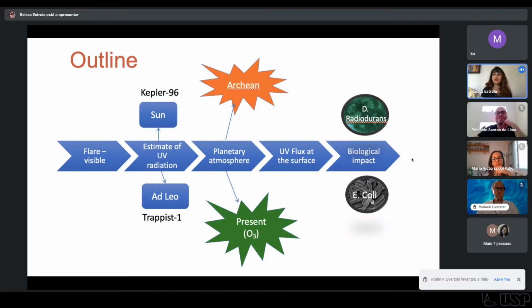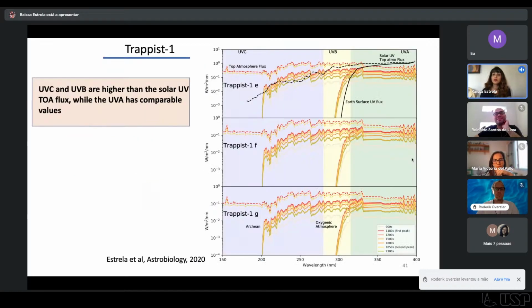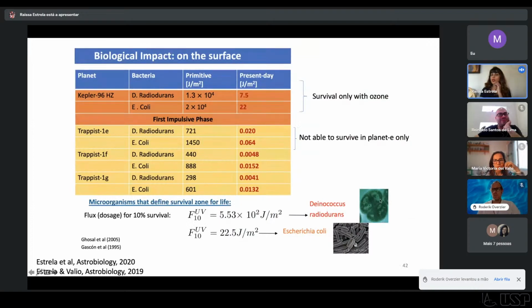Okay. Let me start with the first one. Deinococcus radiodurans is one of the most well-known bacteria nowadays for being what we call an extremophile, that can live in very hazardous environments. And if you look here, this is the dosage for 10% survival of each of these bacteria. You can see that Deinococcus radiodurans can survive way more UV flux than Escherichia coli.